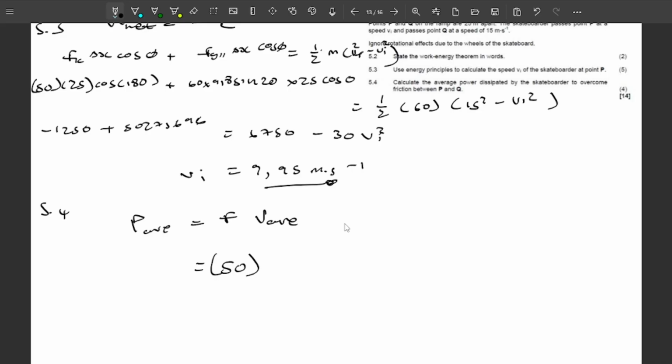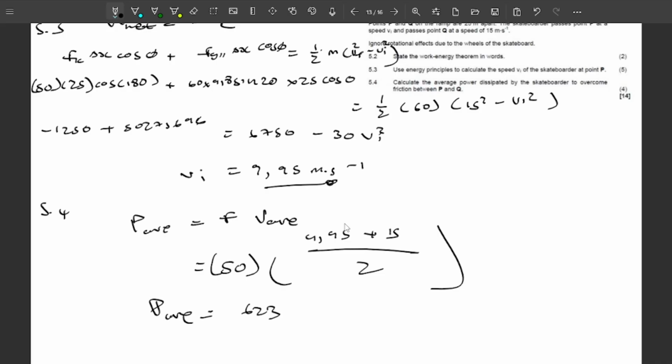For the V average, we have to find the average between our two velocities, which is 9.95 plus the 15 divided by 2. And then the P average is just going to be 623.75 watts. Simple as that, and just like that, you should be good.